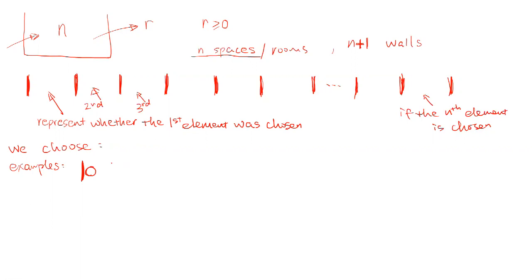For our second pick, if the first element is also chosen, then we put another circle. For our third pick, if the first element is chosen, we add a circle, right, etc. And then when you finish picking, the pattern will look something like this, right?